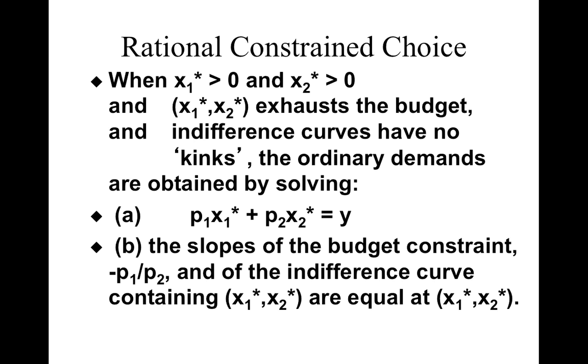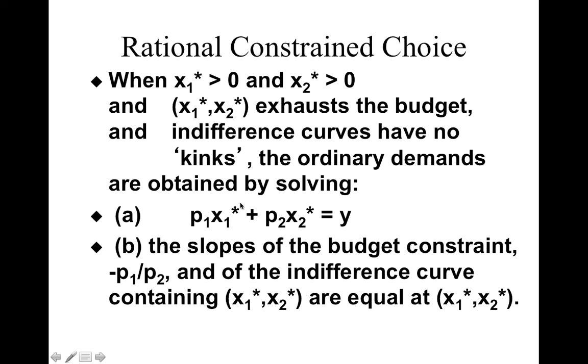So, just to recap how we found the rational choice: when x1 star and x2 star are both positive, which means they are interior, and exhaust the budget, which means you end up spending all the money income on them, and if the indifference curves have no kinks, which means they're not right angles or something like that, which means we are assuming they are well behaved, convex to the origin, then the ordinary demands, which is nothing but the optimal bundle, are solved by using two equations.